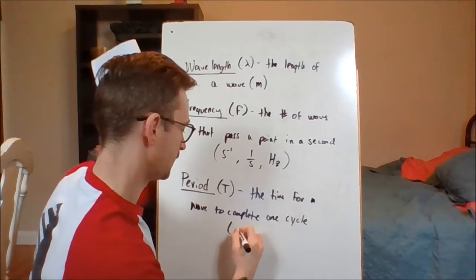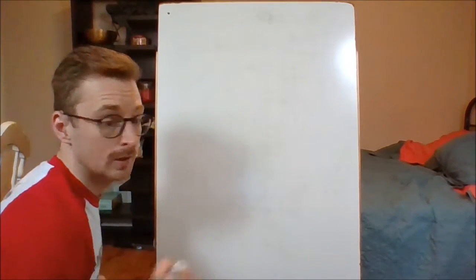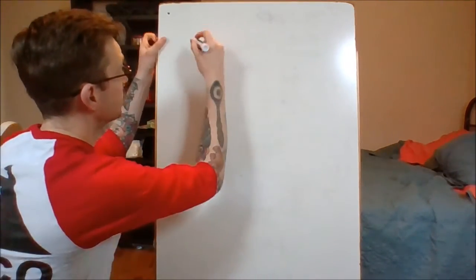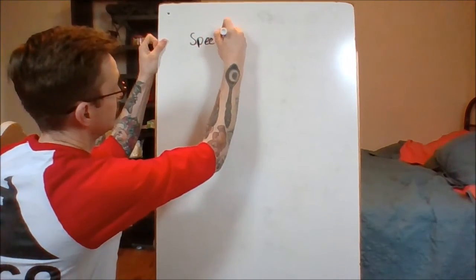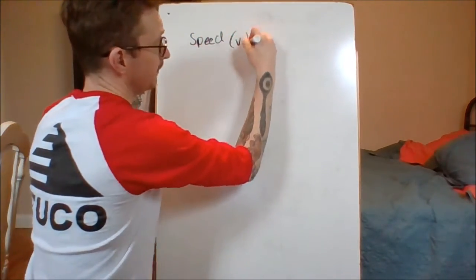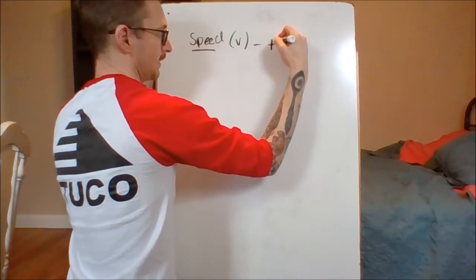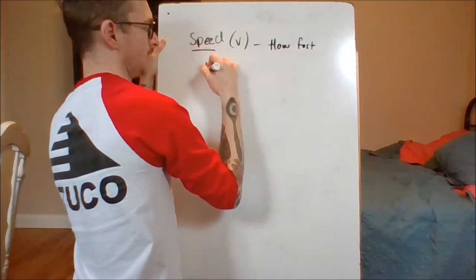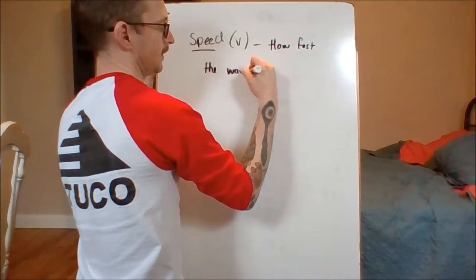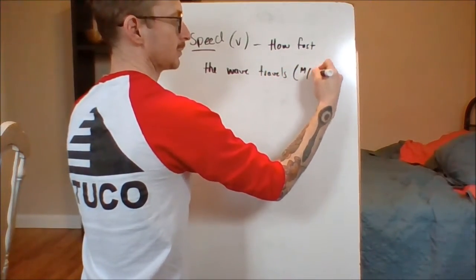This is measured in seconds. We also have the speed of a wave, which is going to be v. This is how fast the wave travels. This is going to be meters per second.